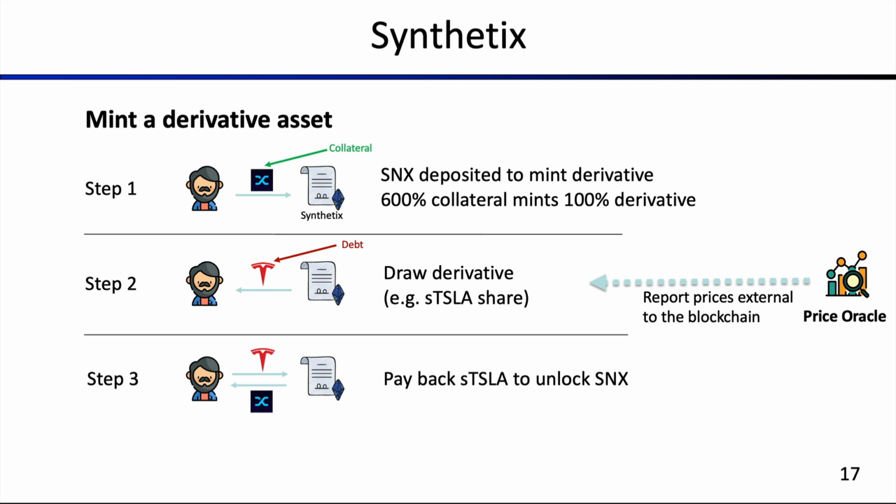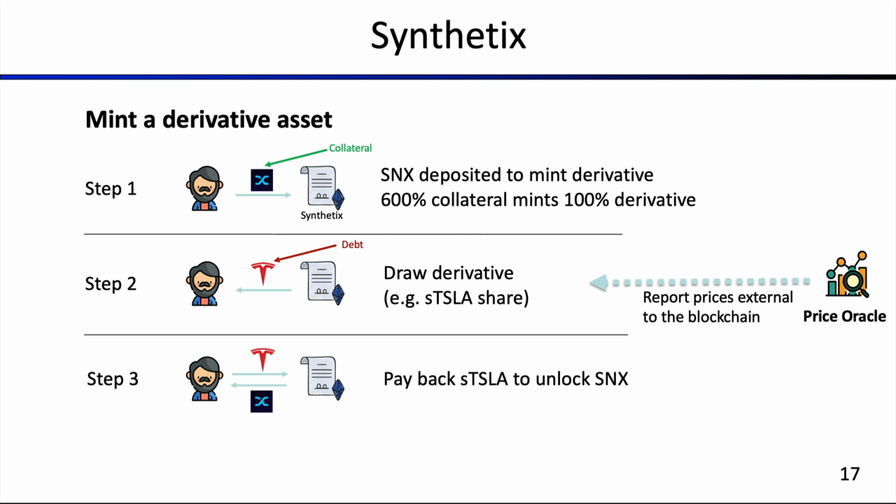Synthetix is another stablecoin mechanism in which you can actually mint any derivative asset. So you could, for example, mint a Tesla share or a representation of a Tesla share. In the first step, instead of Ether as in the previous example, you provide SNX as collateral.